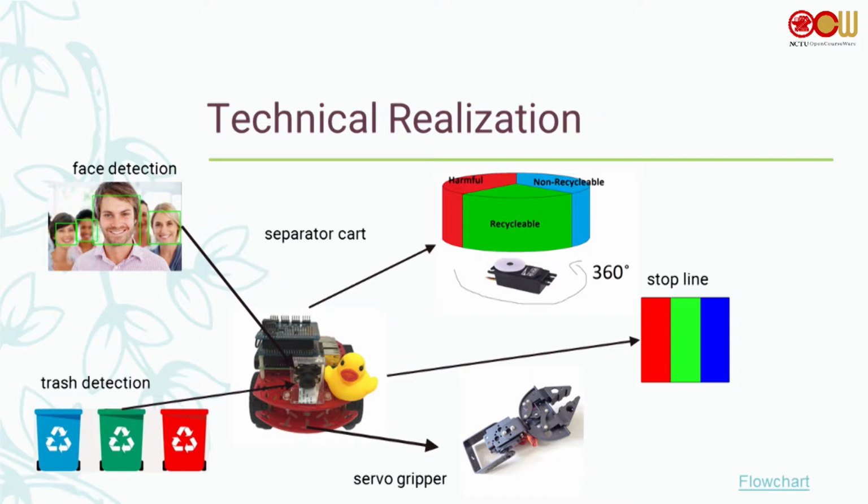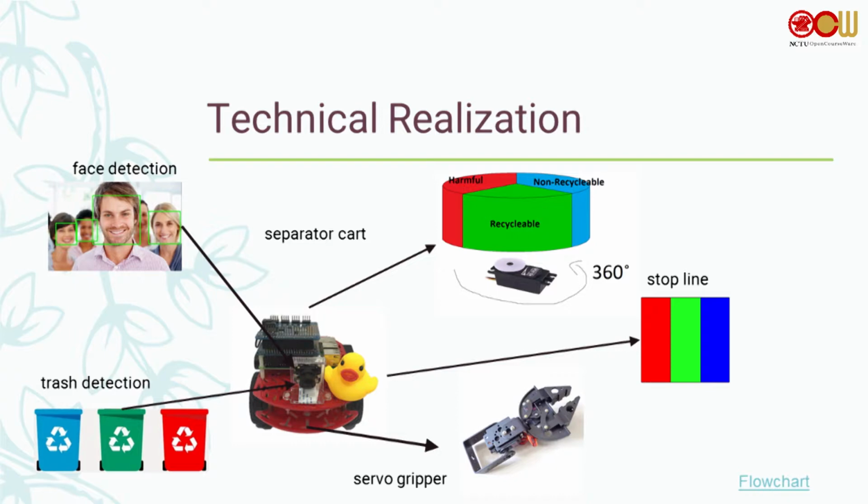After we pick that up and it is classified, we are going to drop it according to a certain path plan. For example, in our project, we are proposing to drop it using a stop line filter.